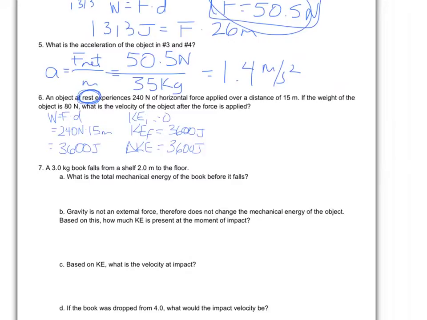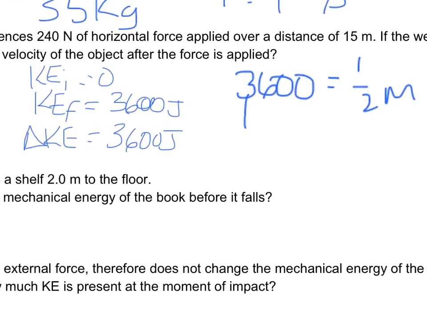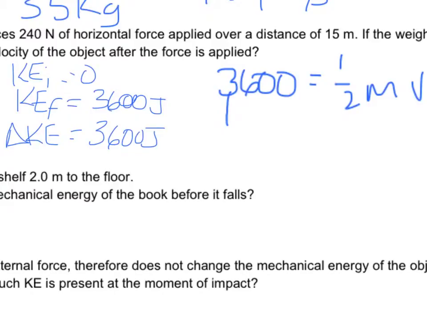Since that kinetic energy of 3,600 is equal to 1/2 of m times v squared, the only other thing we need to know to find velocity is the mass. And we're sort of given the mass. Not exactly, it's the weight, but it's pretty darn close. We can figure out the weight-mass relationship using our equation Fg equals mg, where we're told the force of gravity is 80 newtons, and we can figure out the mass from there.